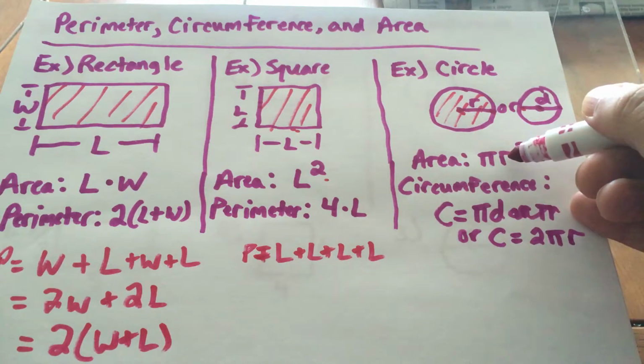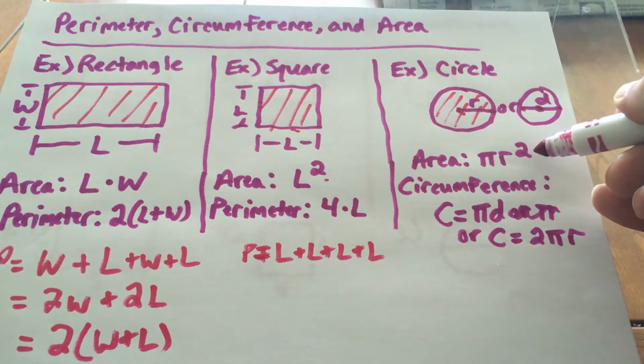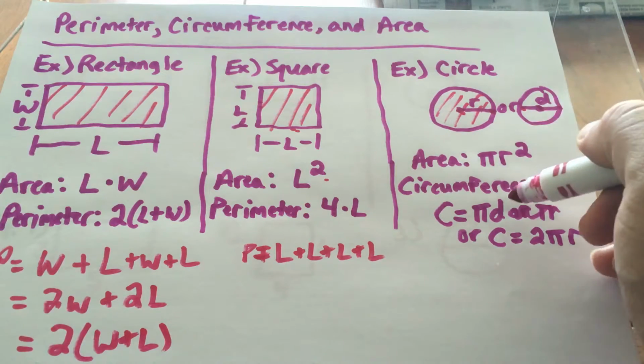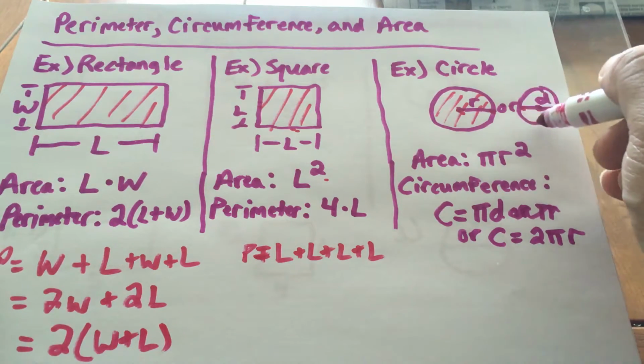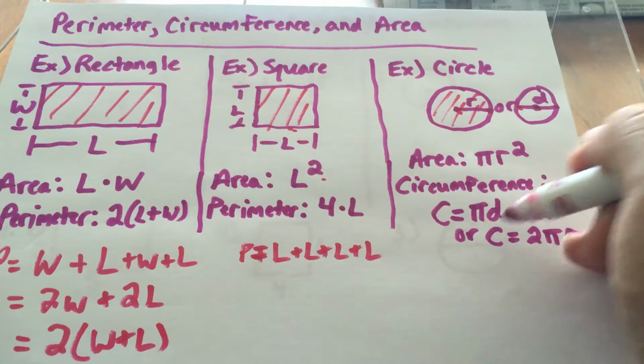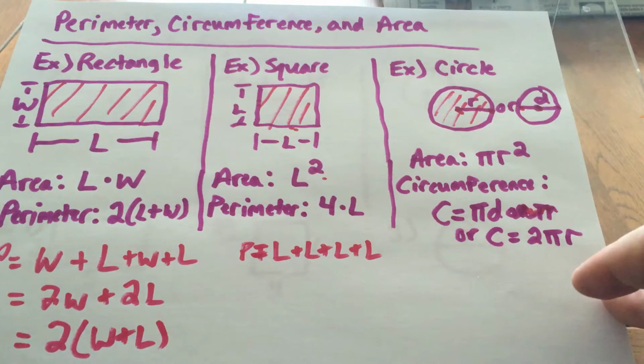So for the area of a circle, we have pi times r squared, and that's just a formula they've worked out. And then to find the circumference, the distance around the circle, you can either use pi d, or you can do 2 pi r. So you have choices there.